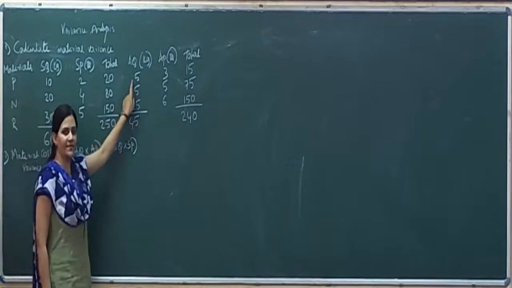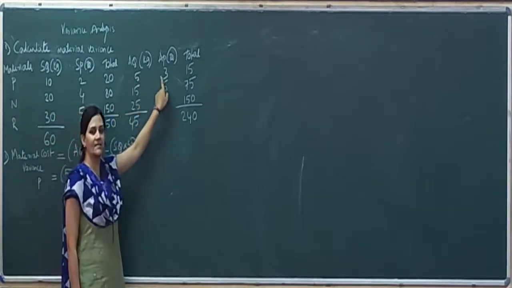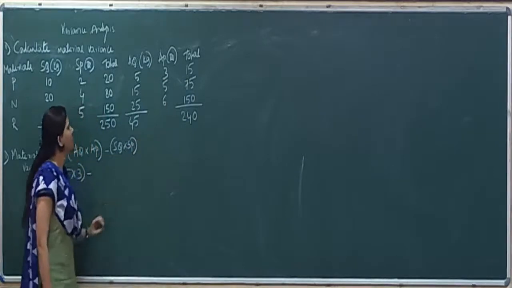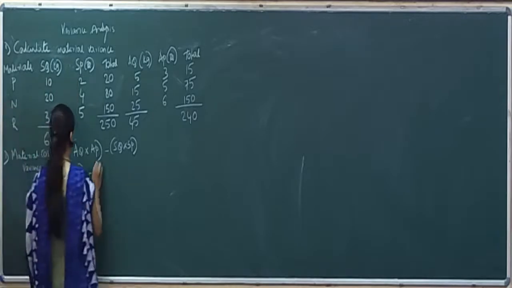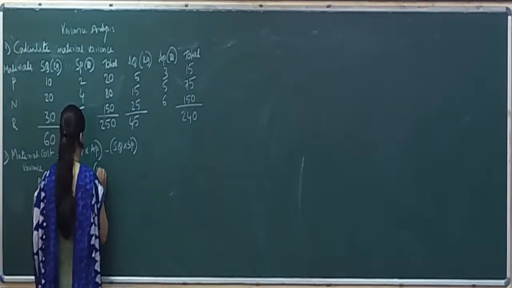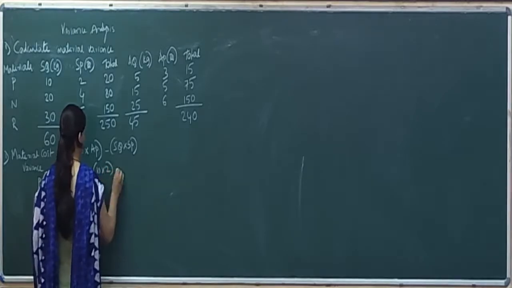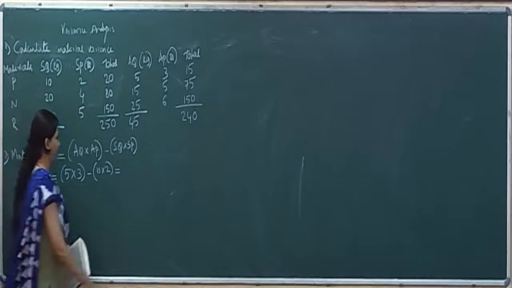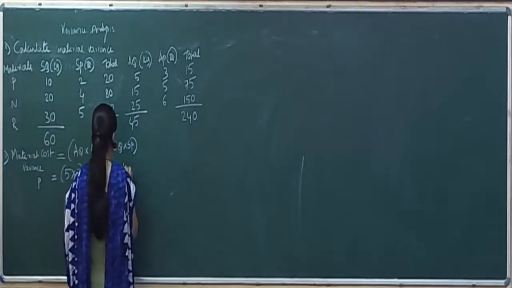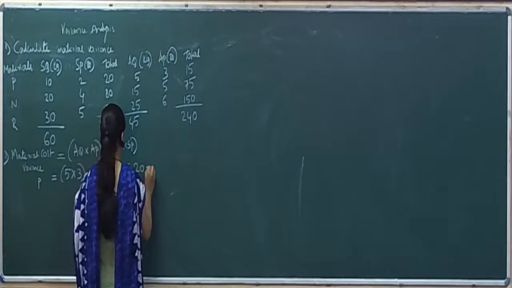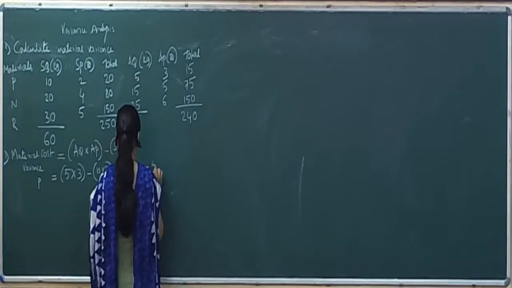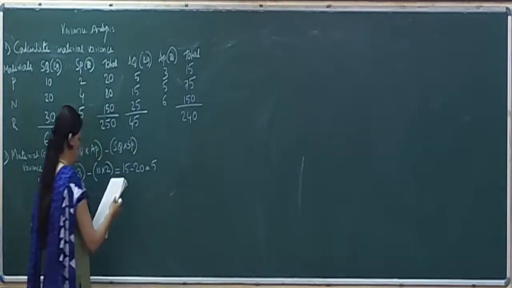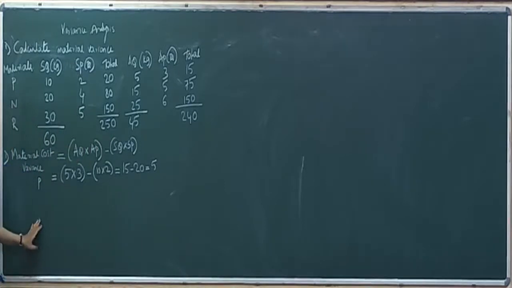So actual quantity is 5 and actual price is 3. In the same way, standard quantity and standard price. Now 15 minus 20. Here the total is coming to 5.